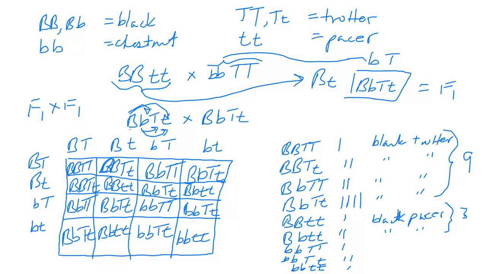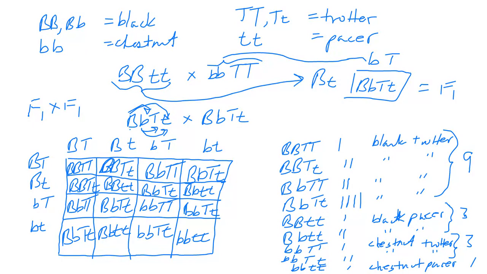Our next phenotype is going to be a chestnut trotter. And then a little b, big T, little t, again, is a chestnut trotter. How many chestnut trotters? 3. And the last one, all by itself, is a chestnut pacer. And there's only one of those.